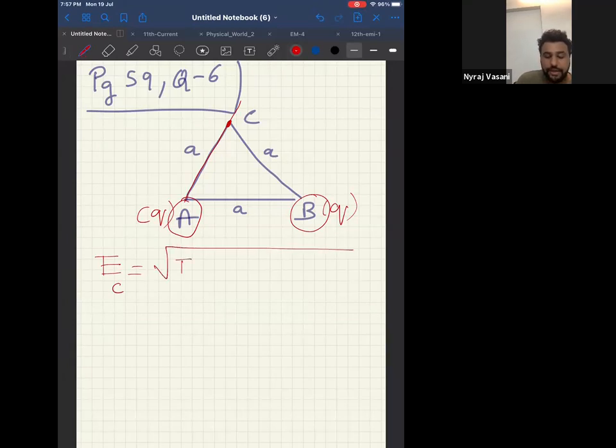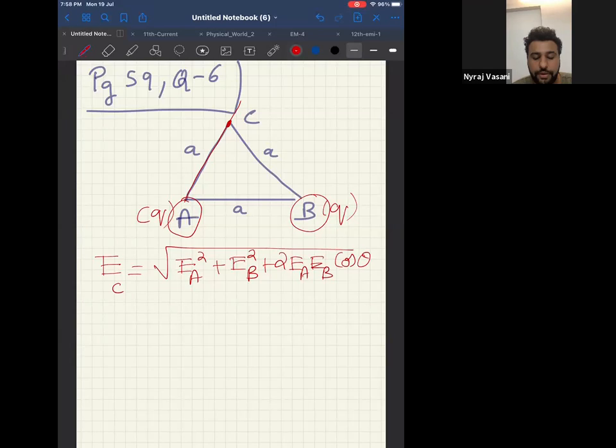It will be EA square plus EB square plus 2 EA EB cos theta.